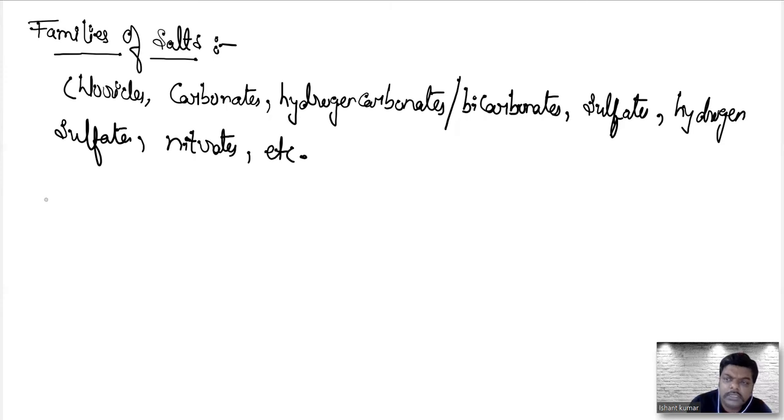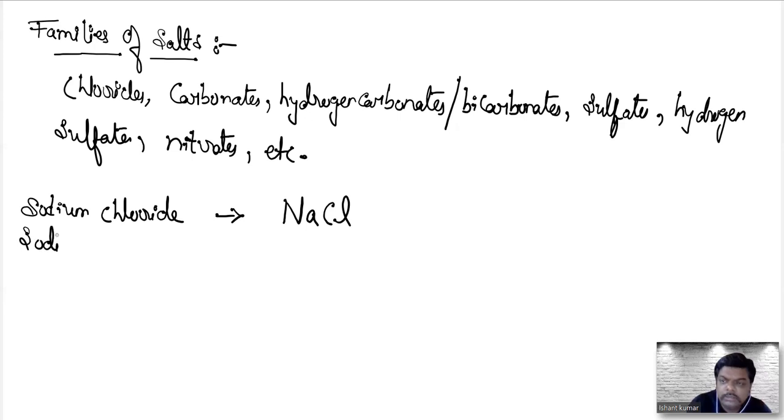Let us say sodium chloride is there. Here we can see that its chemical formula is NaCl. Sodium nitrate is there.